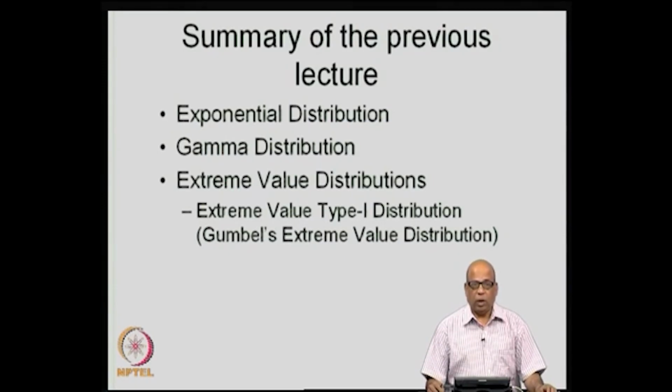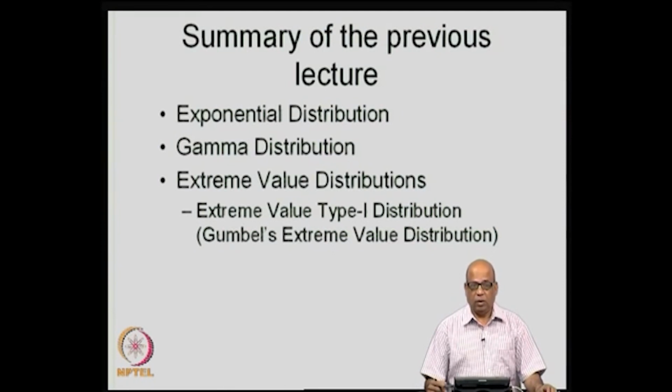Now, the extreme value type 1 distribution, as you recall, is a distribution which draws from a parent distribution which is unbounded in the direction of the extreme values that we are interested in.